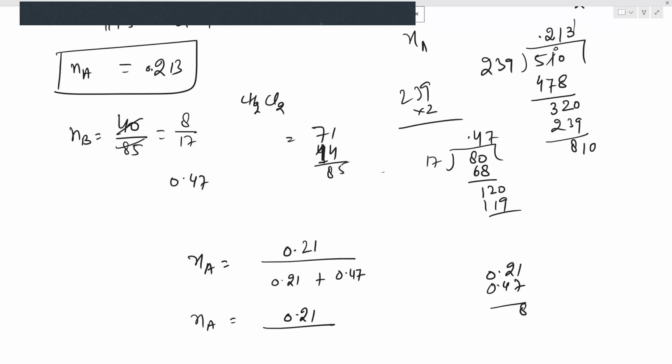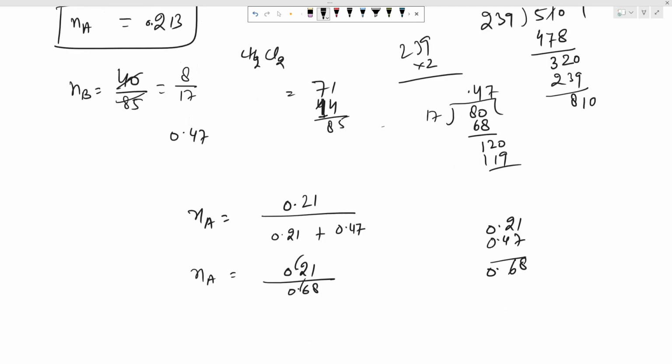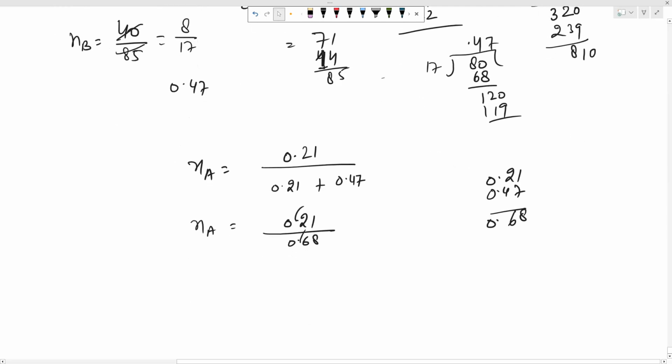What will you get? 0.68. Yes, sir. And you can remove the decimals here right now. Then divide 21 by 68.